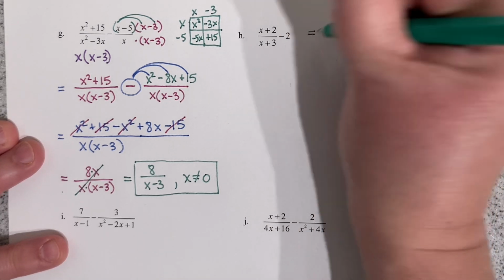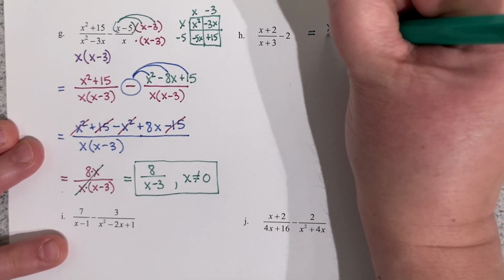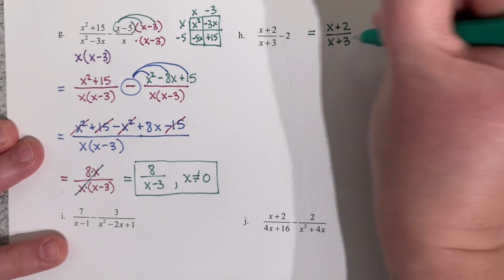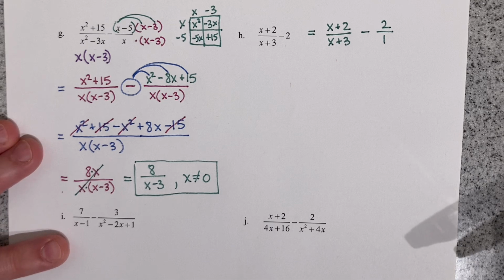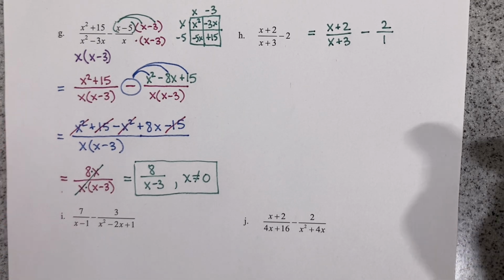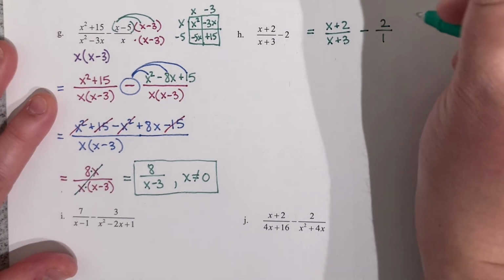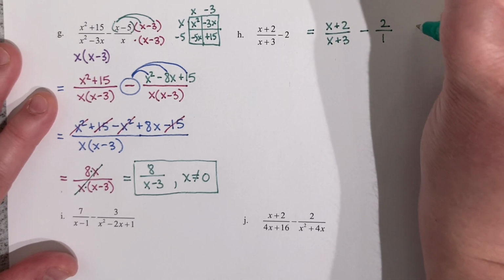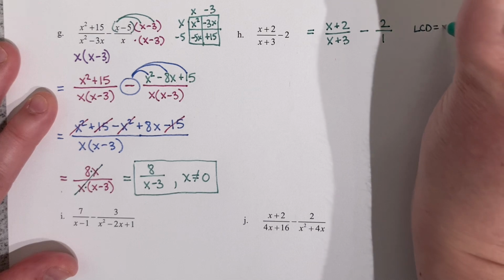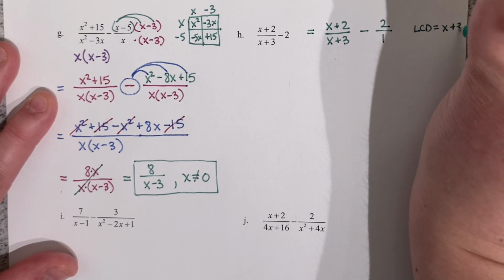Okay, well, whole numbers in fraction problems, typically we want to make them fractions. So I'm going to write this as 2 over 1. That's the same as 2, but now it looks like a regular fraction subtraction problem. 1 isn't really adding anything to this party, it's just a placeholder. So the least common denominator is x plus 3.